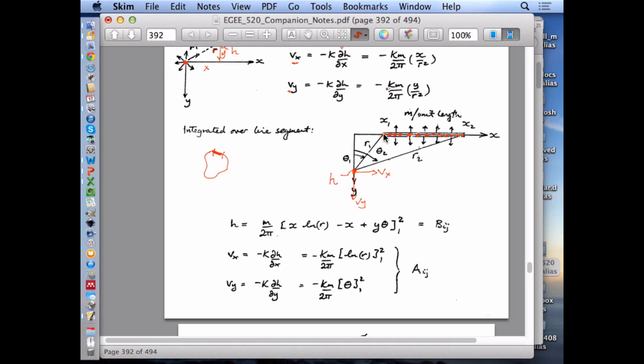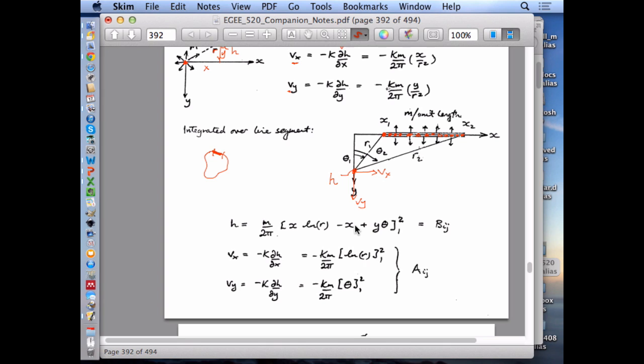Point 1 would be the beginning of the segment, point 2 would be the end, and so this would be just substituting the limits, where this would be x2 log r1 minus x2 plus y2 theta 2 minus the same for all those values equal to 1. So you're just substituting the limits for the appropriate locations.